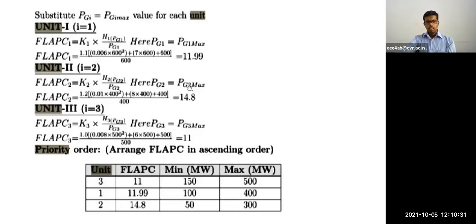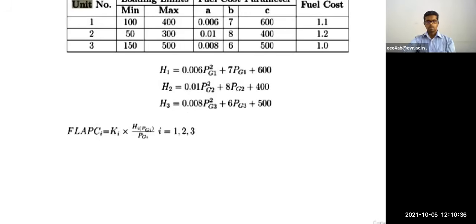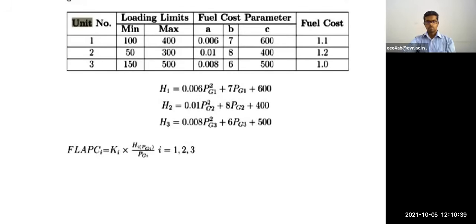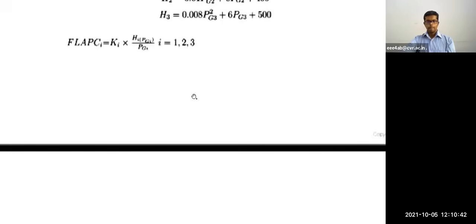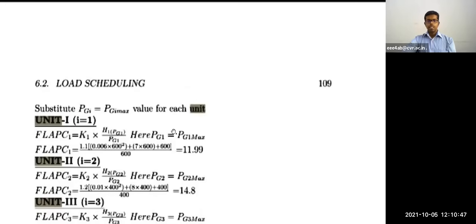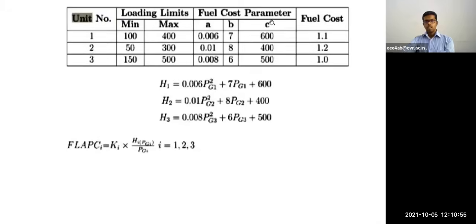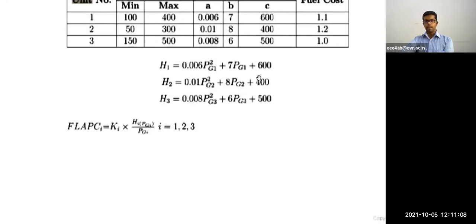I think the data was wrongly stated earlier. The maximum values given here are 600 megawatt, 400 megawatt, and 500 megawatt. This is the minimum and maximum loading limit, and this is the maximum value.